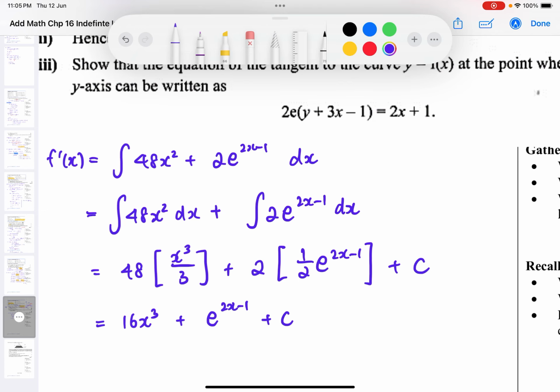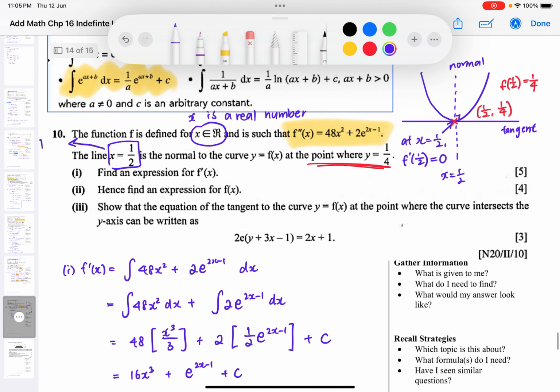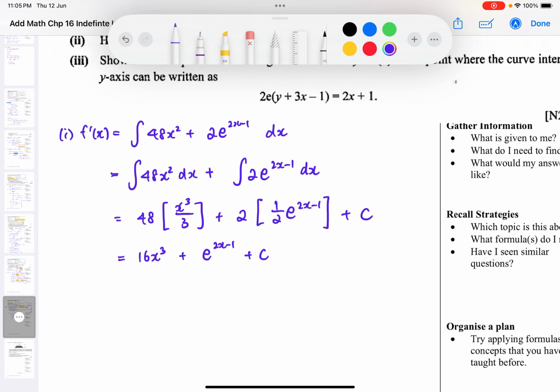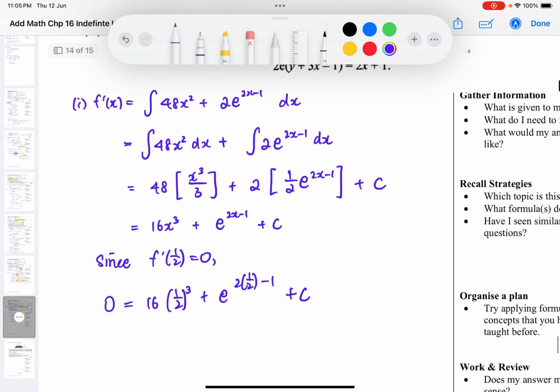Because just now I figured out that at x equals to half, my function has a stationary point, which means that the first derivative is 0 at x equals to half. So that will help me find my c, since f prime of half is equals to 0. When I sub in x is equals to half, I will get 0, and this can help me solve for c.